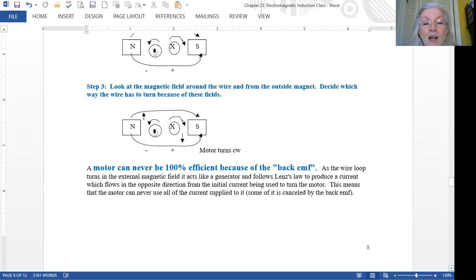Motors can never be 100% efficient because of something called the back EMF. So what is the back EMF? Well, the back EMF is a little tiny voltage induced to resist this current in the wire. So we know that we've got positive current coming out of the paper on the left towards us.